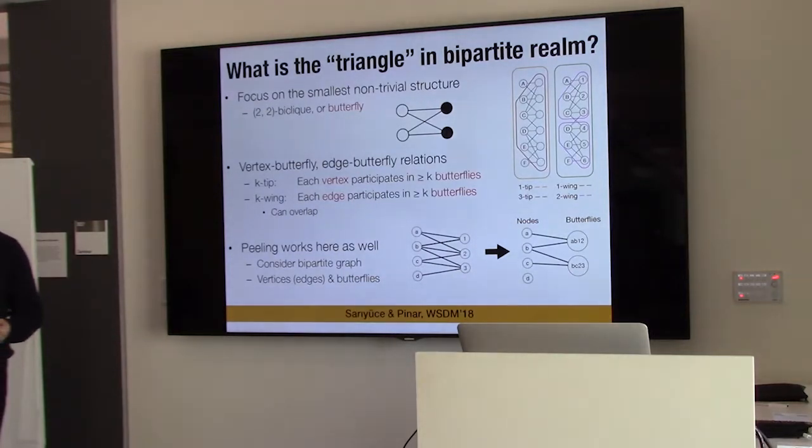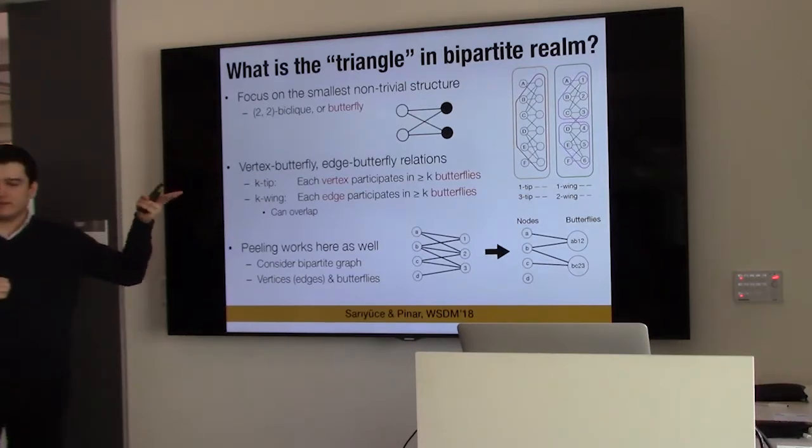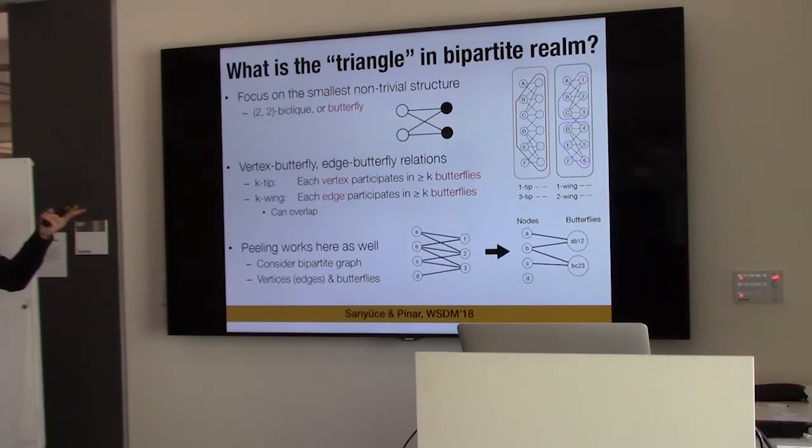Triangle is a very important thing. This is like the smallest non-trivial thing that you can consider above nodes and edges. And there are previous studies on that, but how do you define the smallest meaningful structures in a bipartite graph? The one we chose is a 2,2-biclique, which is called a butterfly, thanks to Ali's kids.